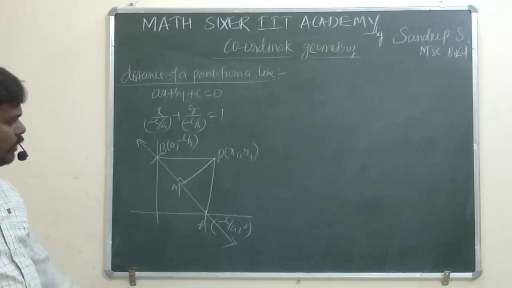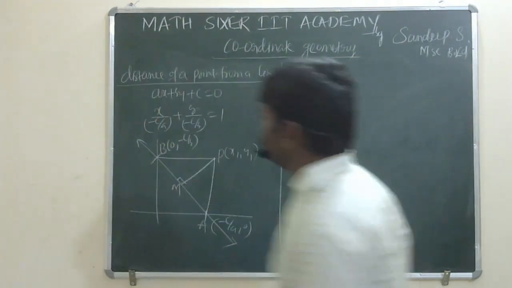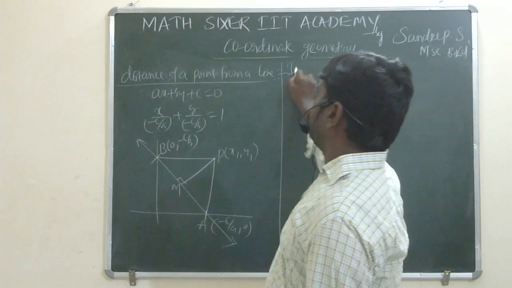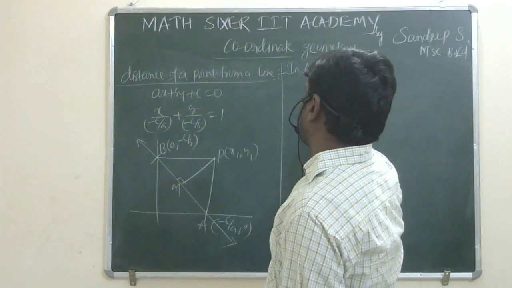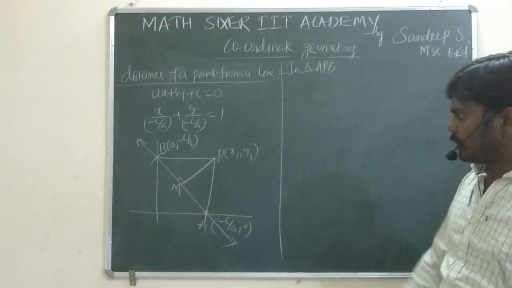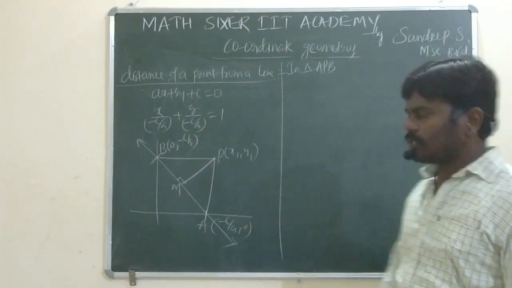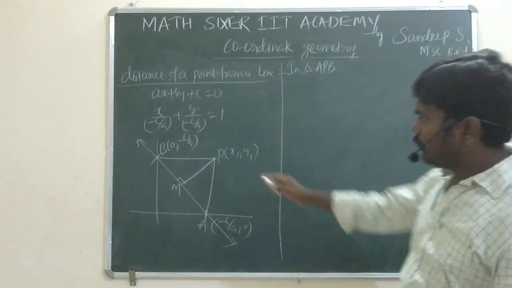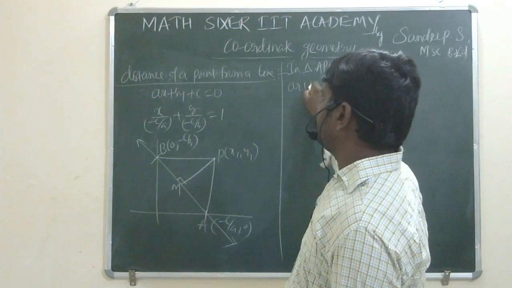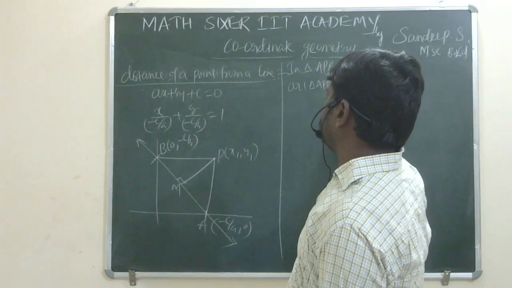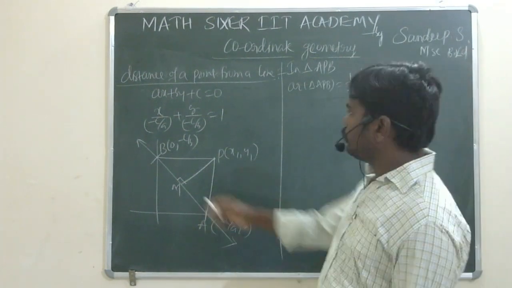Okay. So here, when you observe the triangle APB, three vertices are known to us. We know three vertices, so we can find the area easily. So area of triangle APB is equal to 1 by 2 into, I am using the stair method. Stair method means we have to write all the vertices.